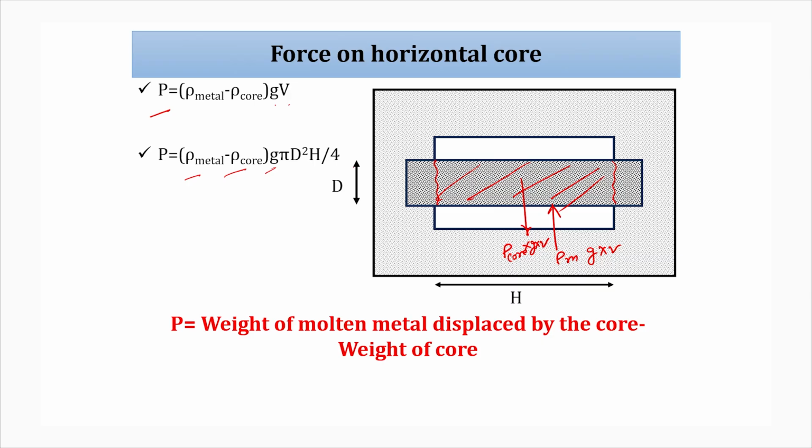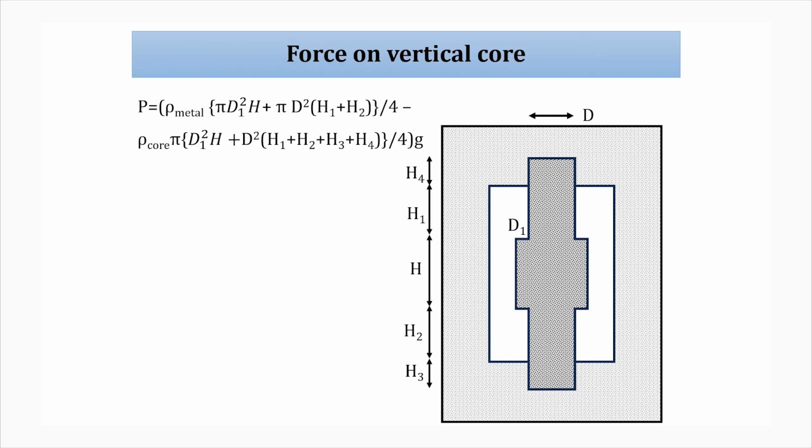Now, if you are going for the vertical core, there is something you have to be very careful about. So what is that? The buoyant force is rho m g into V, while the weight is V core into g into V core. Why? In the buoyant force, this much volume of liquid is exposed, but this additional portion has no weight calculation.